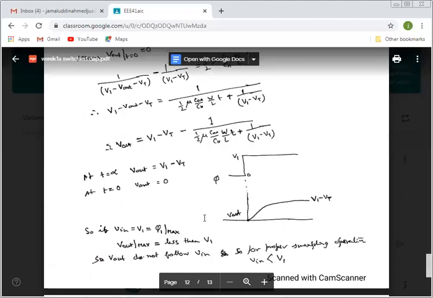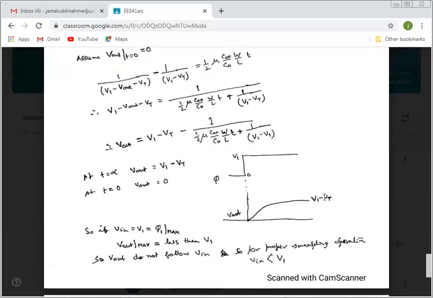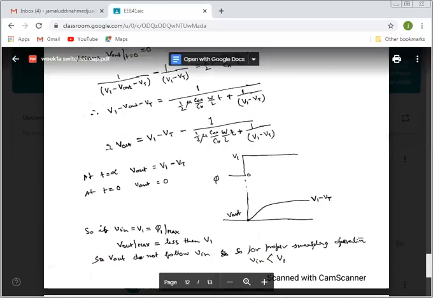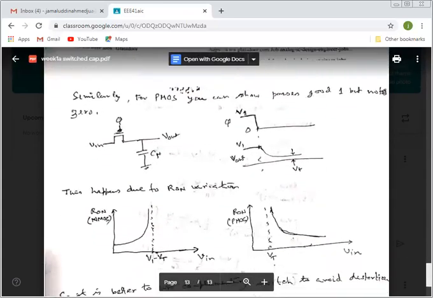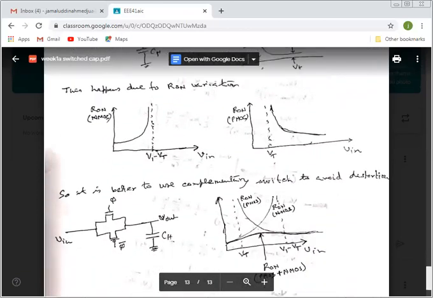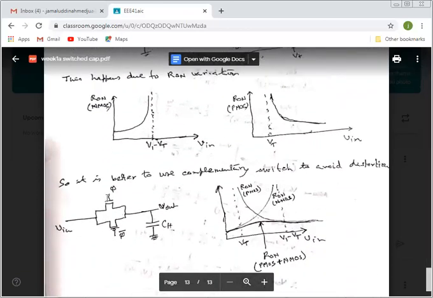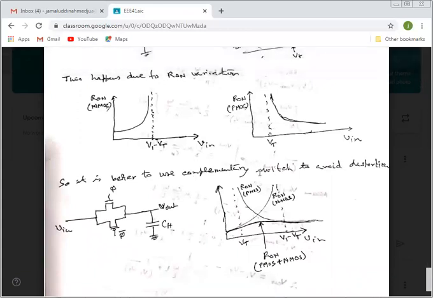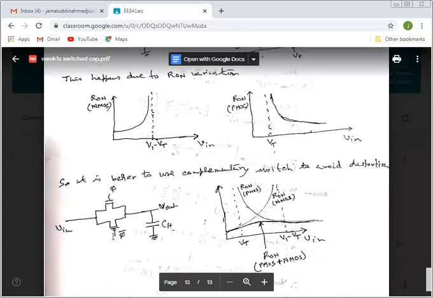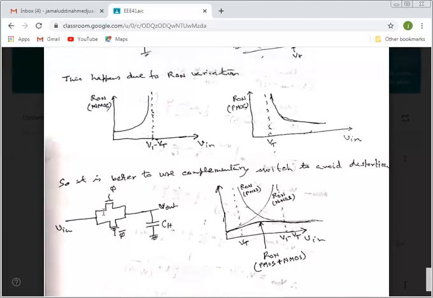But to use this transistor properly, so that we can get the output voltage according to the input voltage, we need to use a complementary switch, both N and P, because the N can pass good 0, and P can pass good 1.